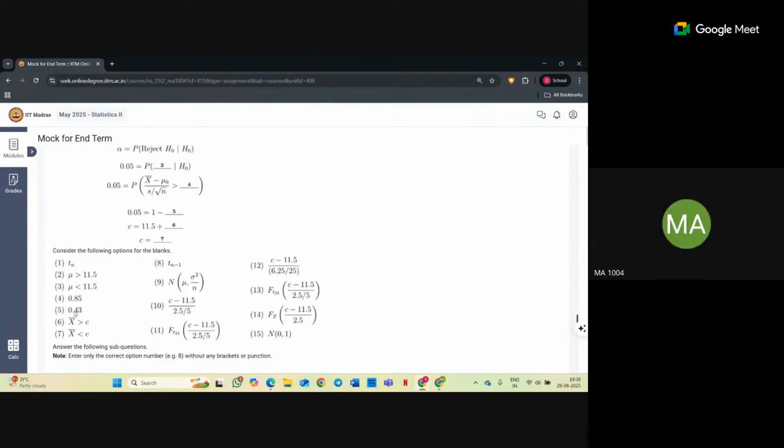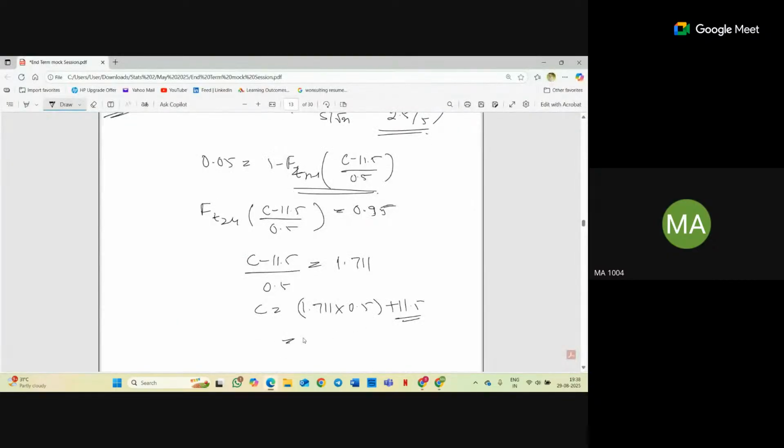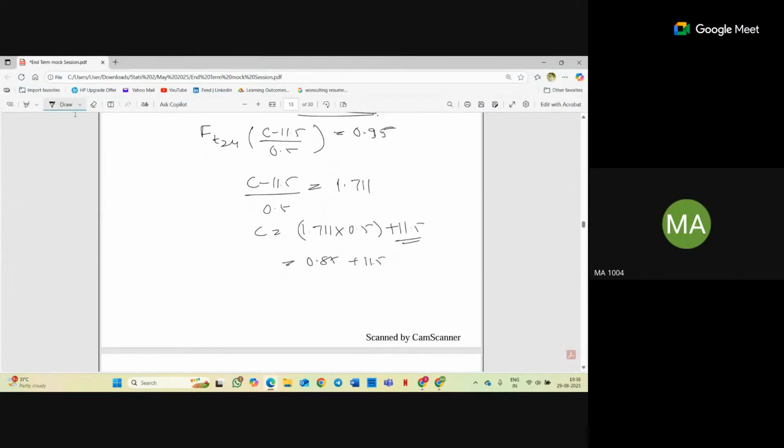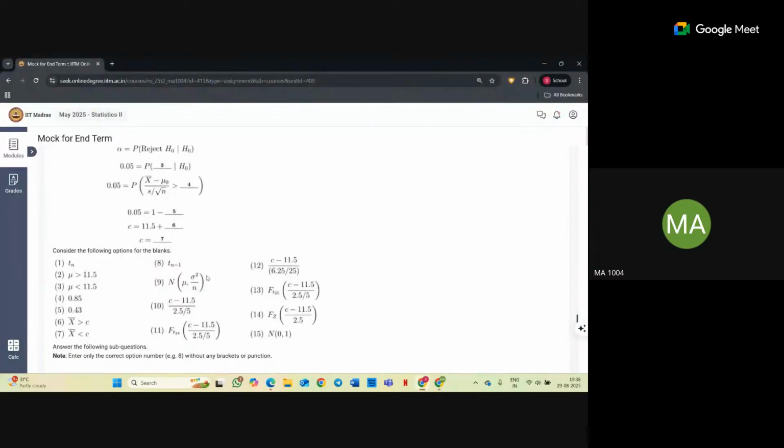So this is 0.85 plus 11.5. Yes, ma'am. 12.35. Then the C value is coming out to be 12.35. That's it. So we have 12.35 here.